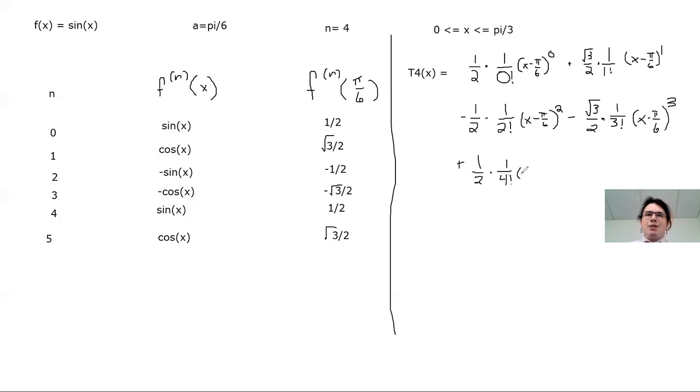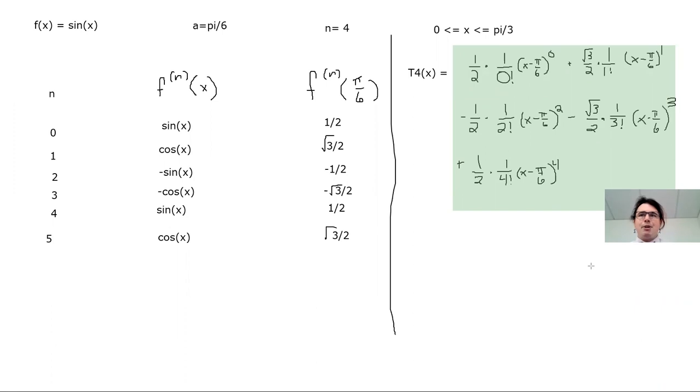And then I will multiply by (x minus pi over 6), all to the power 4. So what I've written here, this whole thing is the degree 4 Taylor polynomial. I've got it in green there. You need all 5 of those pieces to build up the quartic polynomial.